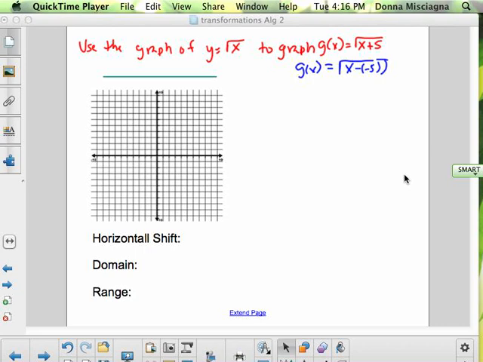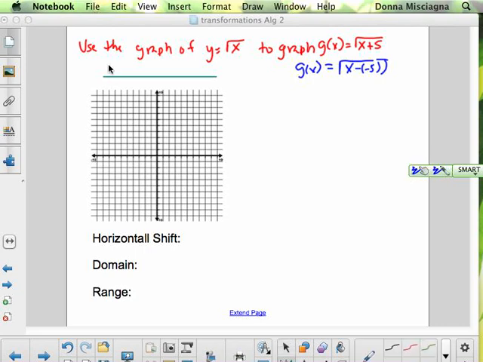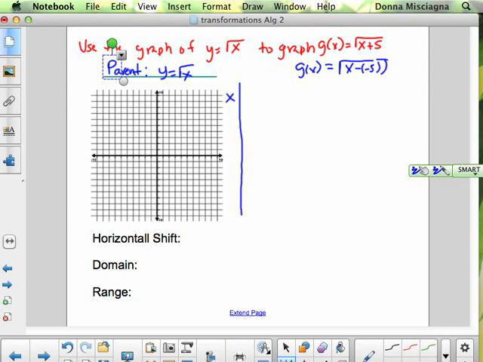All right, so a parent function for this one is y equals the square root of x. And every point is not a great point for the square root function.